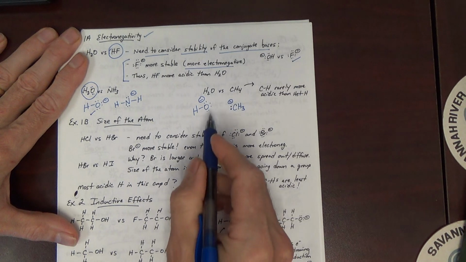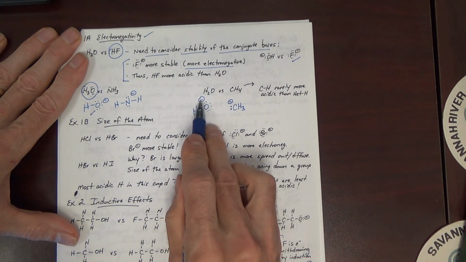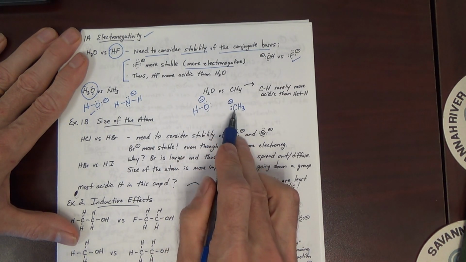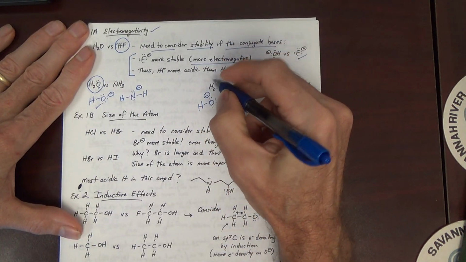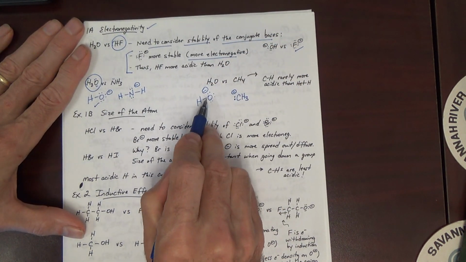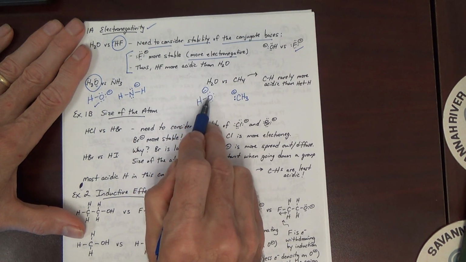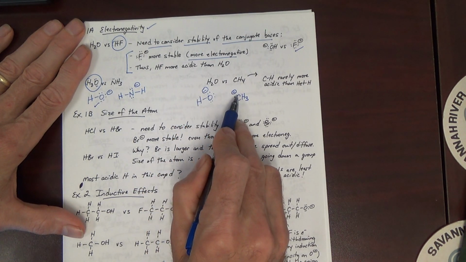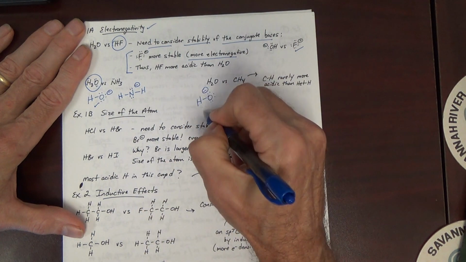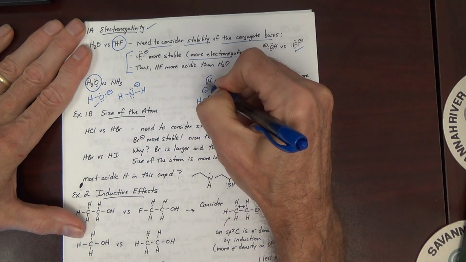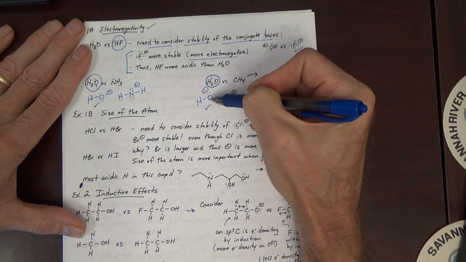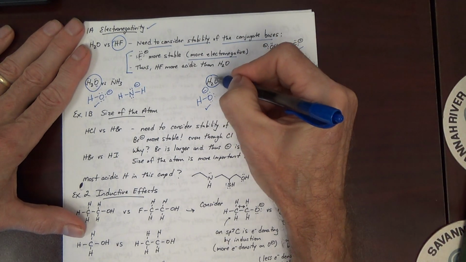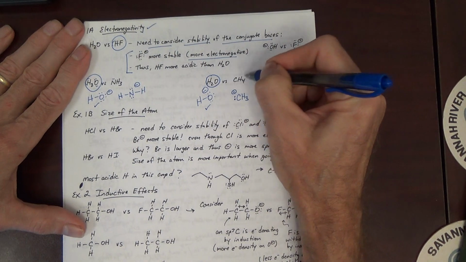That was more stable. These two, oxygen minus more stable or carbon minus? Well, again, electronegativity. Oxygen is more electronegative. It's more stable being minus compared to carbon being minus. It likes being minus more. It's more stable. And thus water is more willing to act as an acid and become the conjugate base. Thus water is a stronger acid than methane.